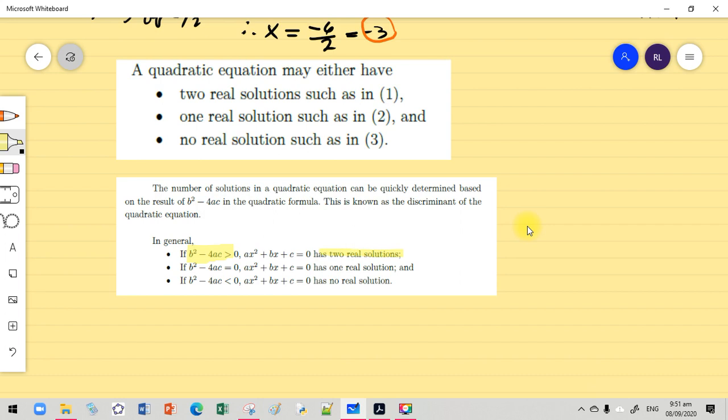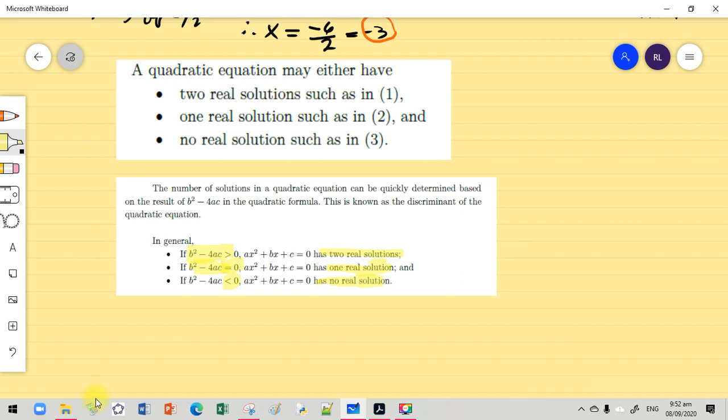If the result of that b squared minus 4ac is exactly 0, we are going to have one real solution for that quadratic equation. And if the result is negative, meaning less than 0, the quadratic equation will have no real solution.